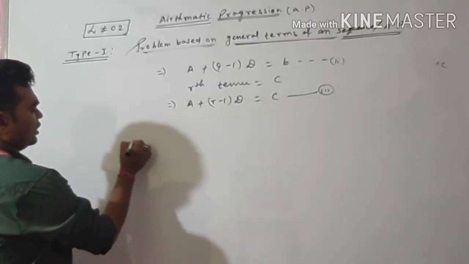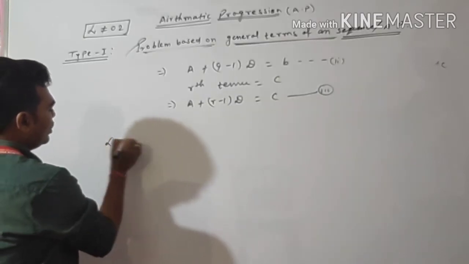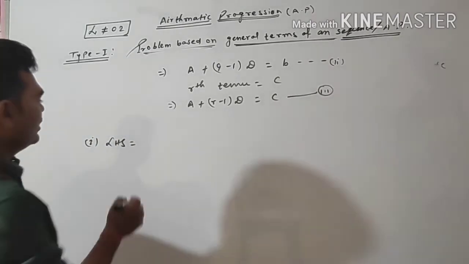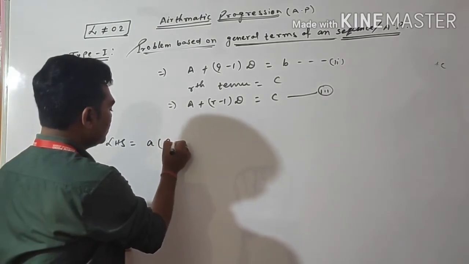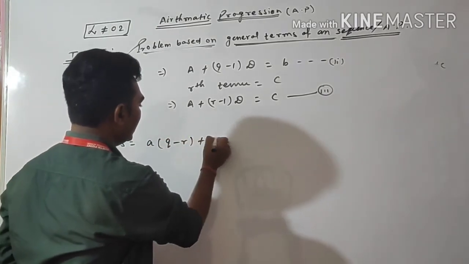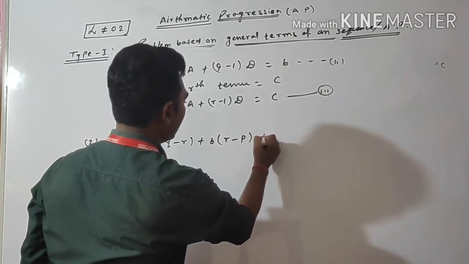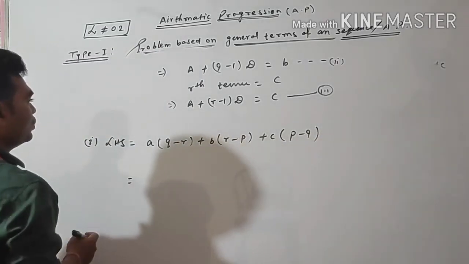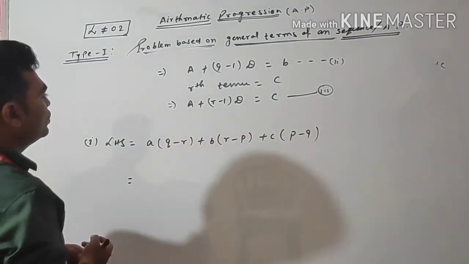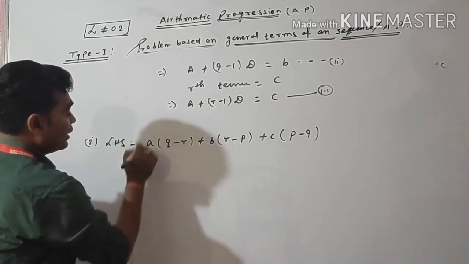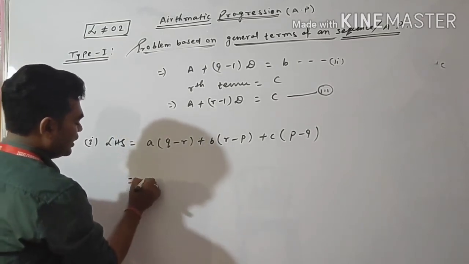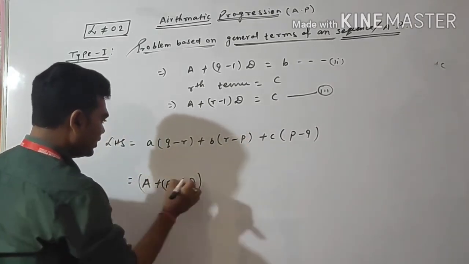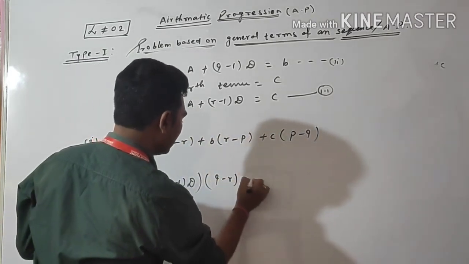Now the LHS. Tell me, what is the LHS given? a into q minus r plus b into r minus p plus c into p minus q. And this equals: small a is A plus p minus 1 into capital D, into q minus r, plus b.